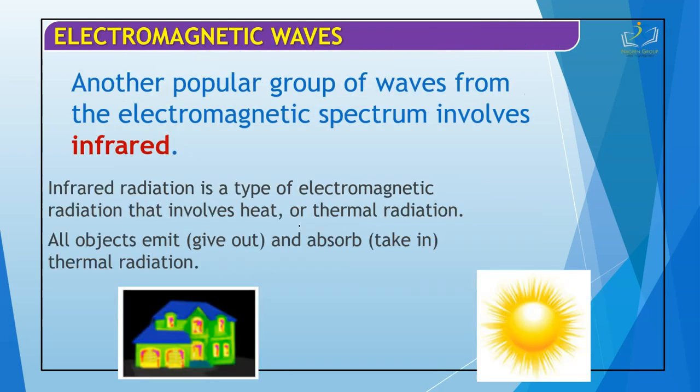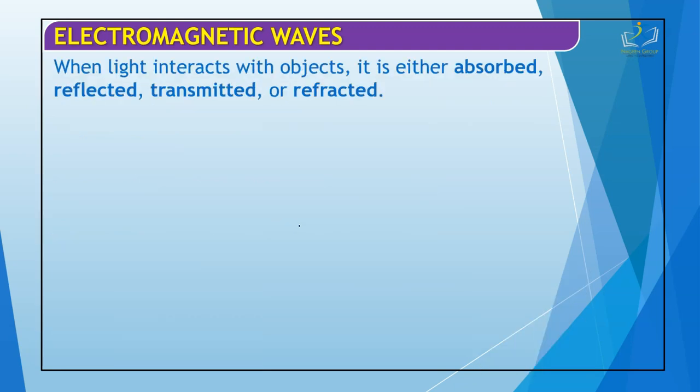Another popular group of waves from the electromagnetic spectrum is infrared. Infrared radiation is a type of electromagnetic radiation that involves heat, or thermal radiation. All objects emit and absorb thermal radiation.